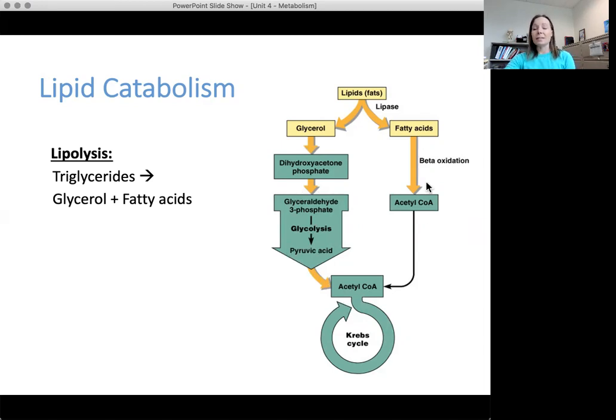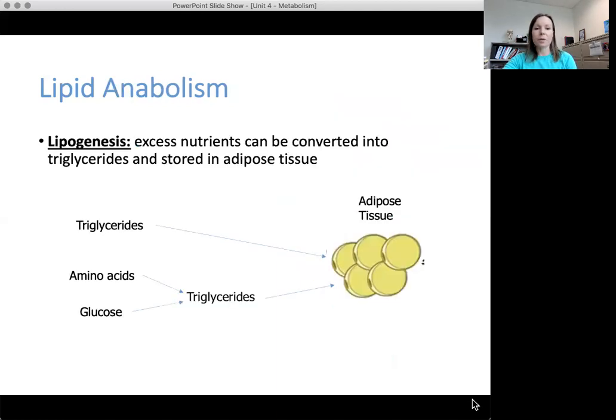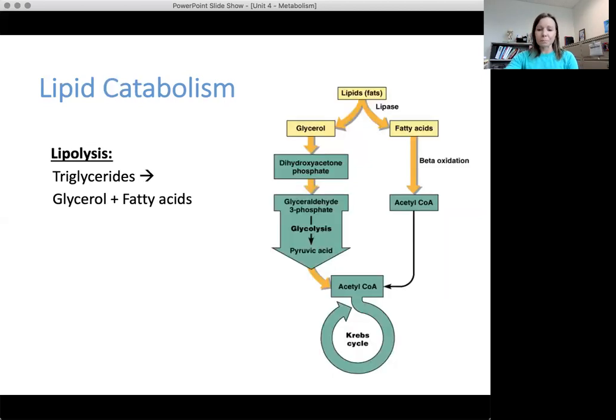For fatty acids, the way that fatty acids are broken down is through beta oxidation. This is when the fatty acids are broken apart into small pieces. Each of those pieces consists of 2 carbon atoms. These 2 carbon atoms are attached to coenzyme A. Remember, that's just a carrier molecule.